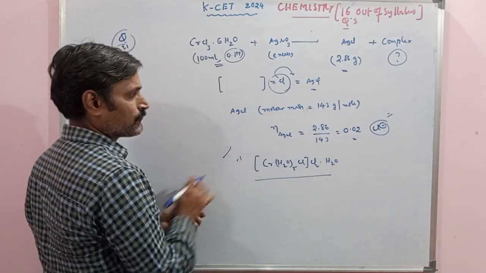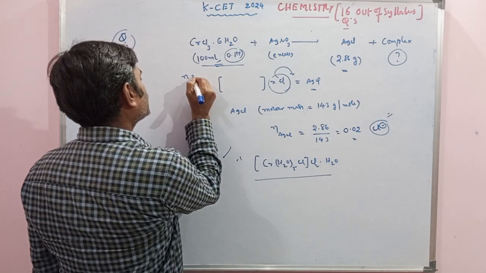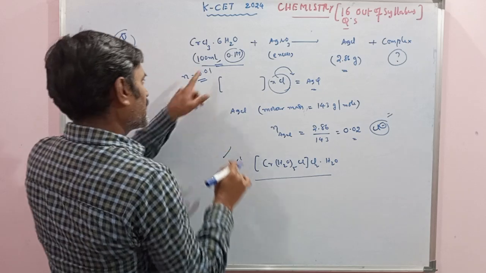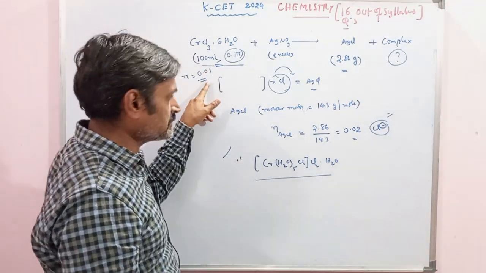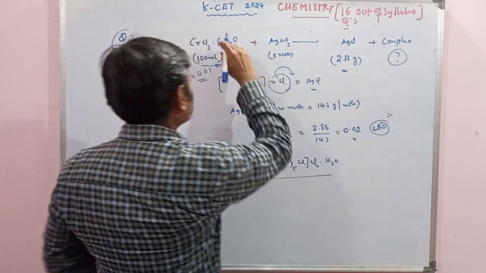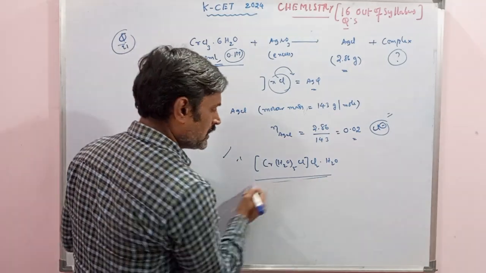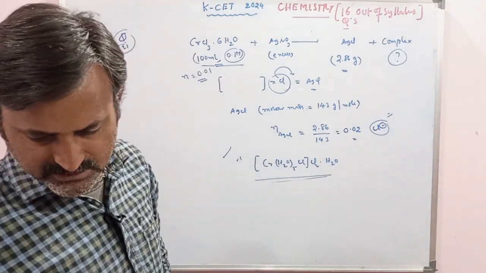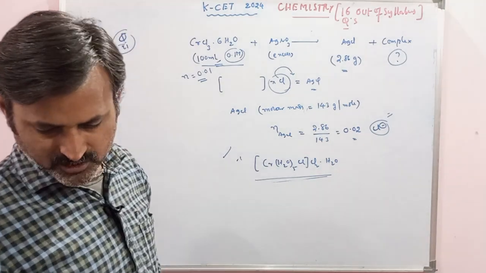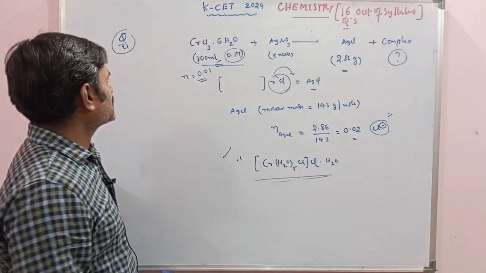The number of moles of the complex is 0.01 upon calculation, by the molarity formula. 0.01 gives 0.02, because from this 2 moles of chlorides come outside. That is the meaning of this. So this is the correct formula of the complex to be identified in the options, the third option is the right option. This is question number 21.